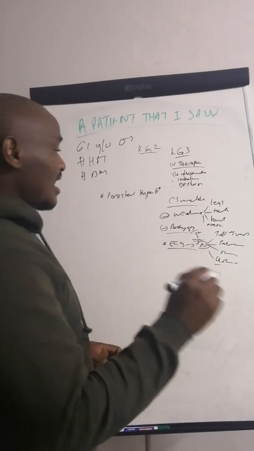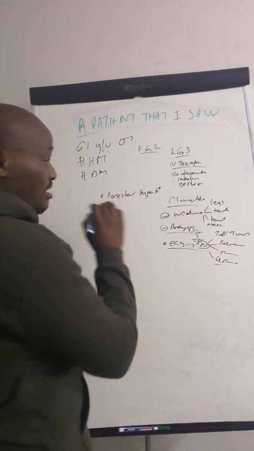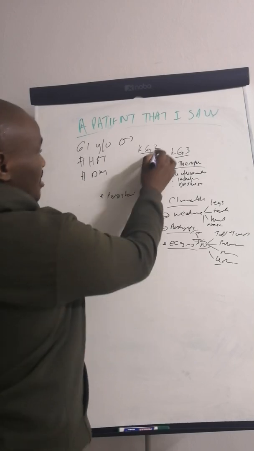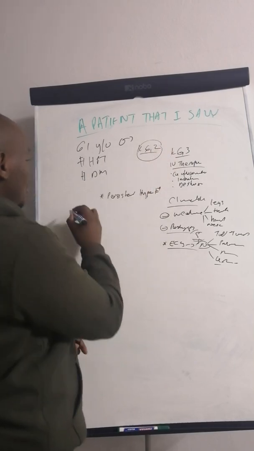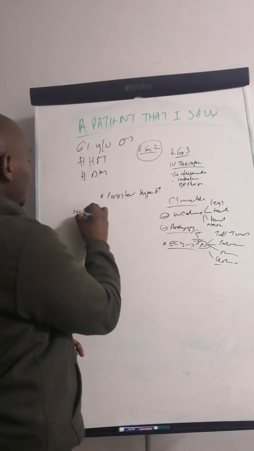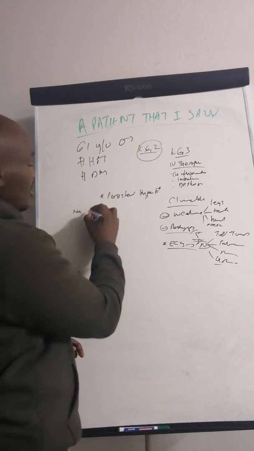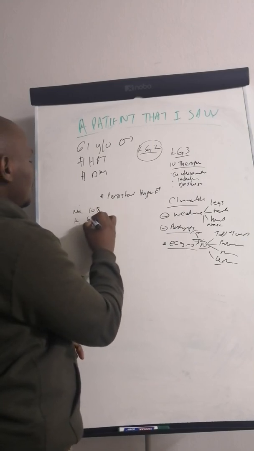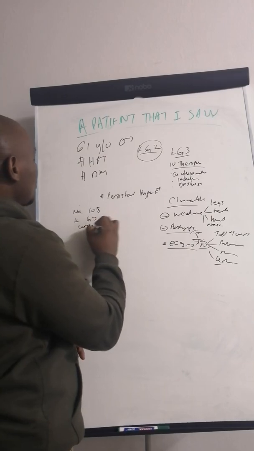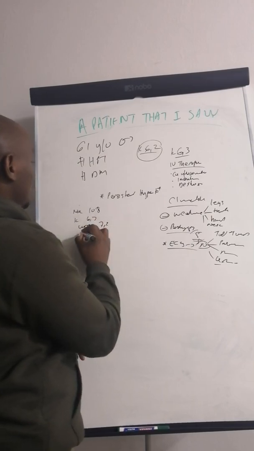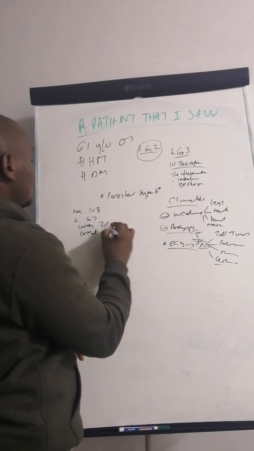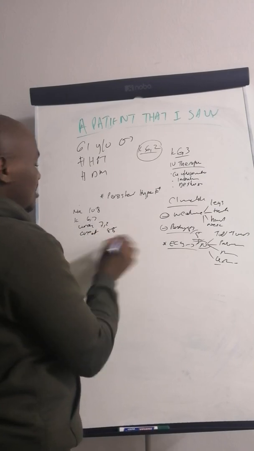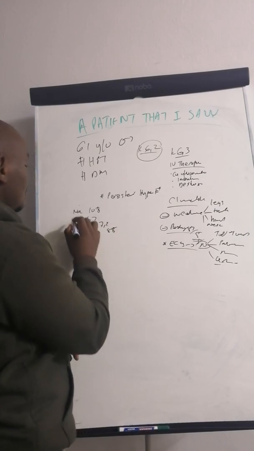Okay, before I did that, I checked the bloods. What was happening with these bloods? I found that he was having a hyponatremia of 108. The potassium was 6.2. The urea was 7.2. The creat was 88. And then the FBC was also normal.